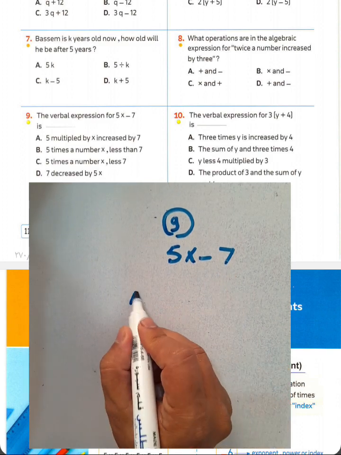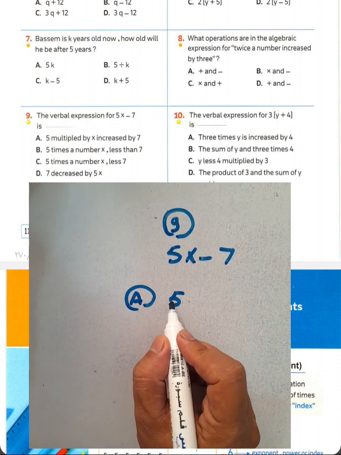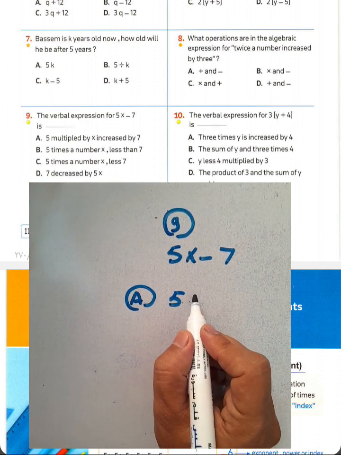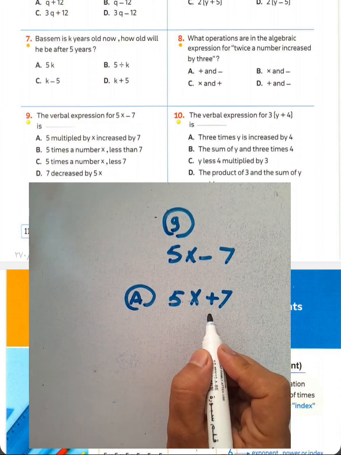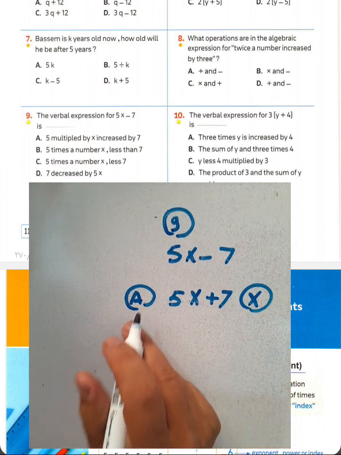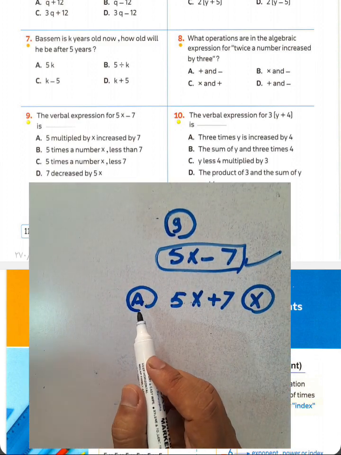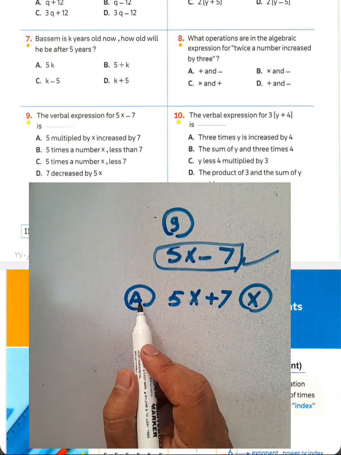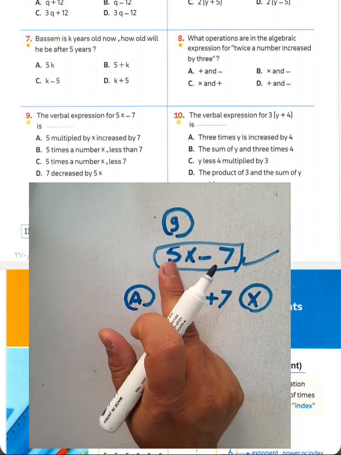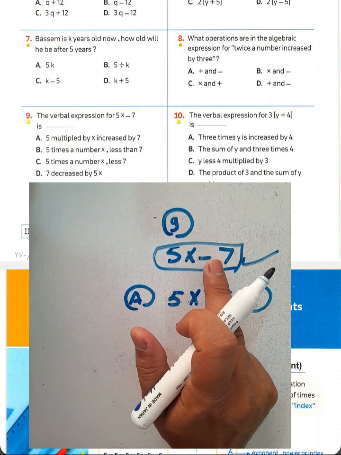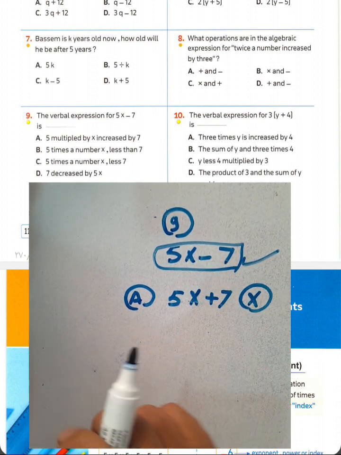Letter A tells us 5 multiplied by x increased by 7. It will be 7 plus. So you can't choose letter A because we want 5x subtract 7. The verbal expression for 5x subtract 7 is called 5 times a number x subtract 7, or less 7, or decrease 7.